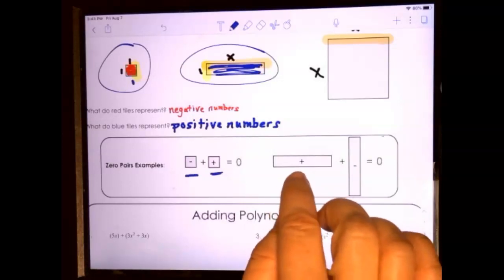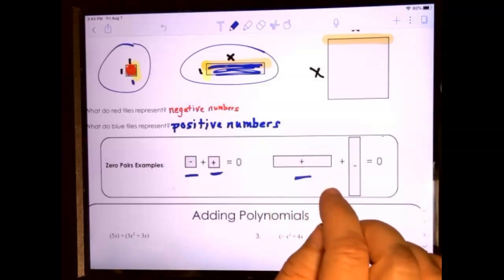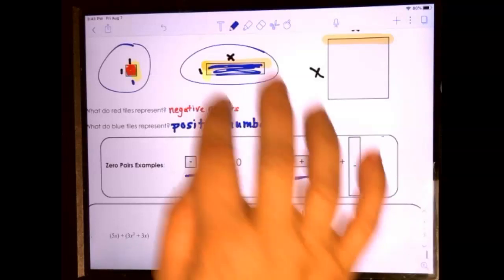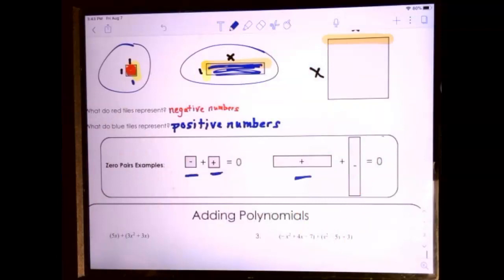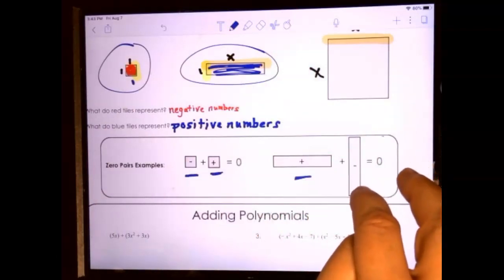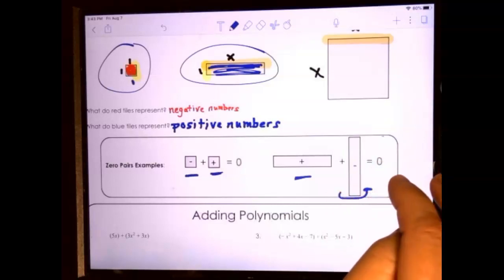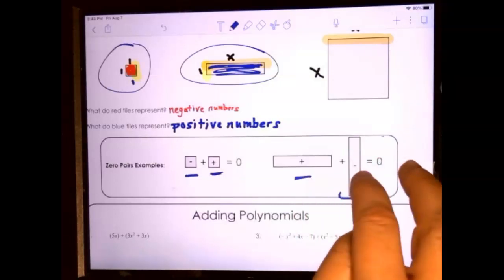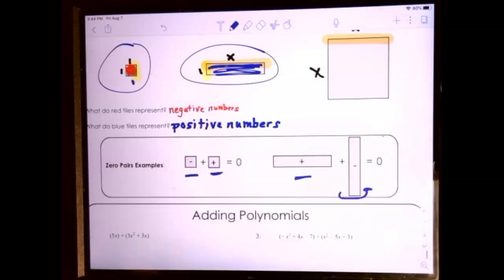Now over here I have a positive x, because x times 1 is going to be x. I have a negative x here. So a positive and a negative that correspond, that are the same size and same shape, will equal 0.